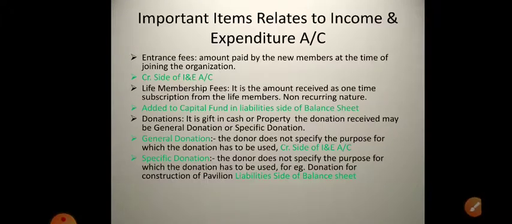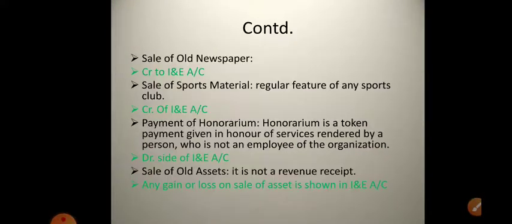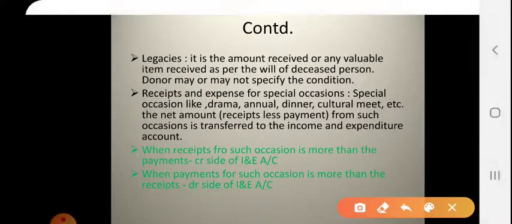Now the other term is legacy. What is legacy? It is the amount received as per the will of a deceased person. Suppose a person dies and he has written in his will that after his death a portion of his property is going to be given to a charitable institution, so that is called legacy.